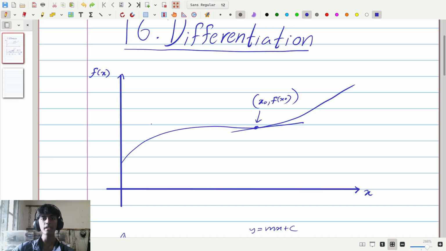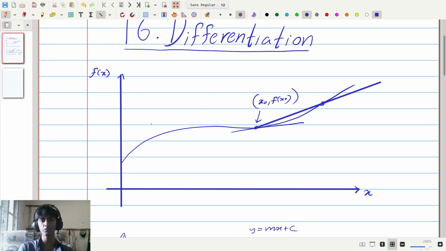So then we have a process that we've just figured out, that if we take some point that is on this line and we bring that point very close to the point we're interested in, then the gradient of this line is going to get very close to the gradient of the tangent line at that point, i.e. the rate of change that we're interested in.